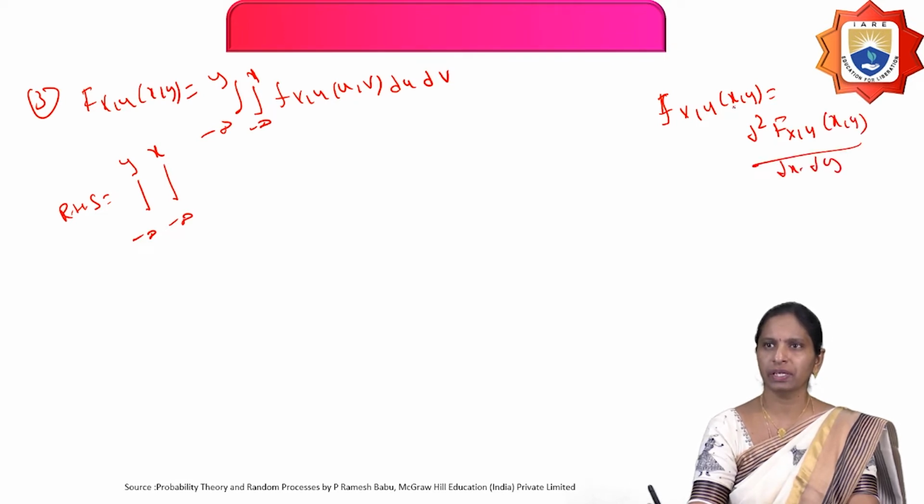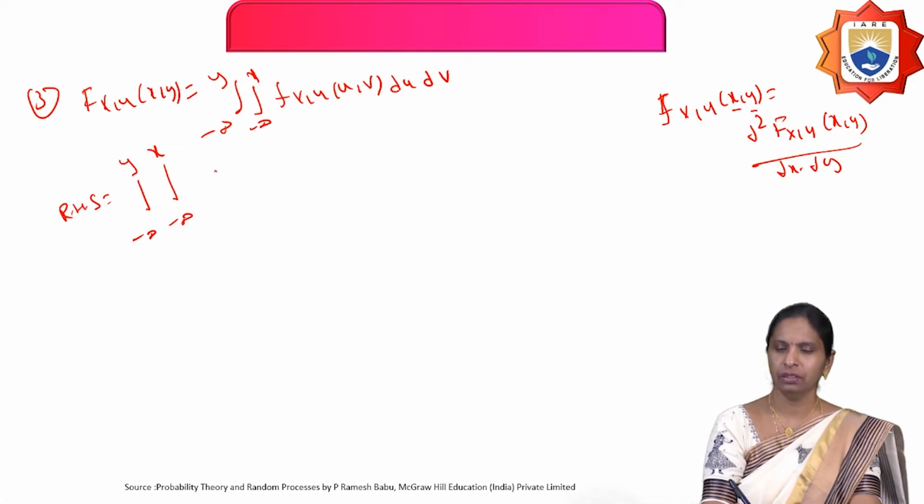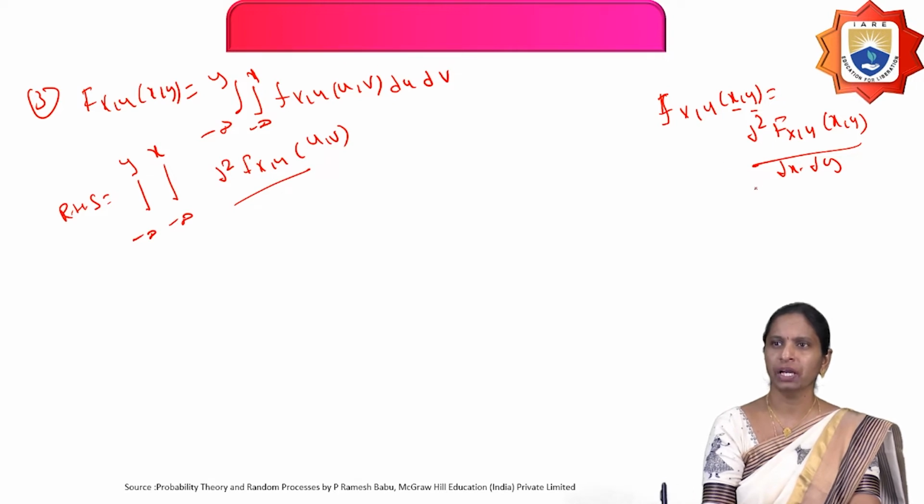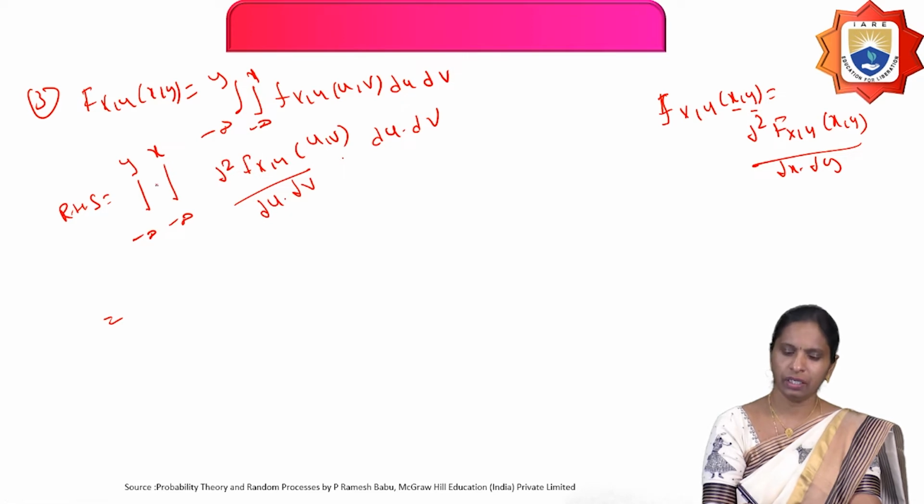Now in place of my small x and y, I have here u and v. Then how can you write it down here? Dou square F_XY(u, v) by dou u dou v, du dv. And the differentiation and integration will get cancelled. Then what can I obtain here?